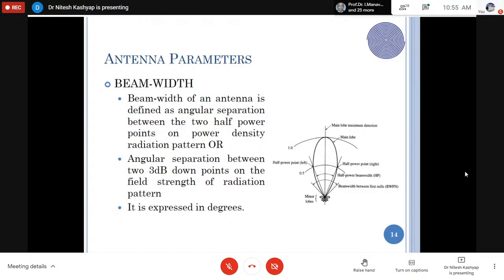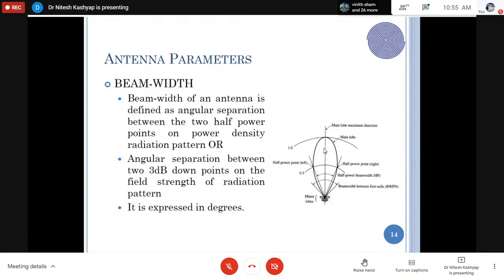You may see the antenna radiation pattern has some characteristics like the main lobe, the half power beam width, and the beam width between first nulls.